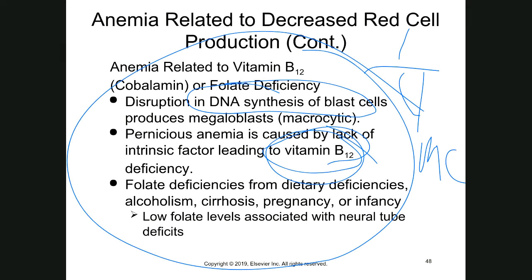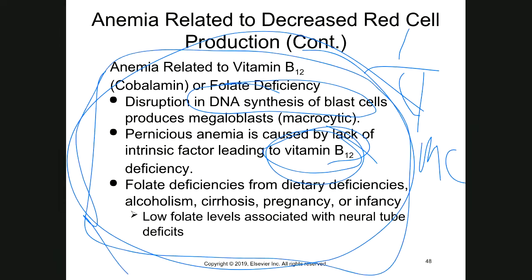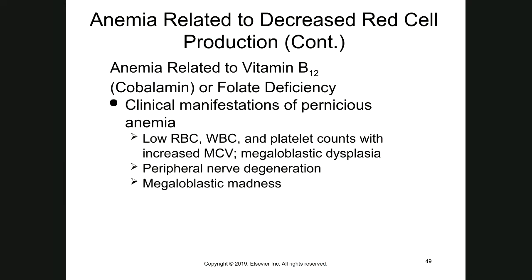Okay, moving on. Careful with this one. It's a multiple choice. Cobalamin. Careful with this first group of values. I like to subtract this from the previous slide, just that particular bullet. Low red blood cells, low white blood cells, platelet count will increase, mean corpuscular volume up, megaloblastic dysplasia.